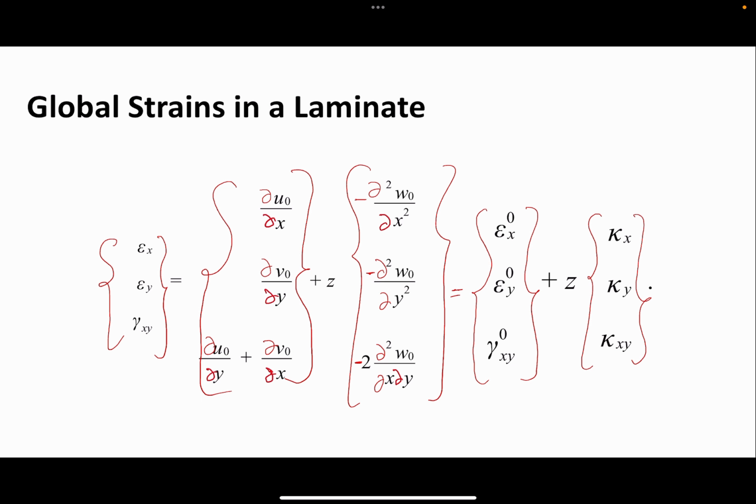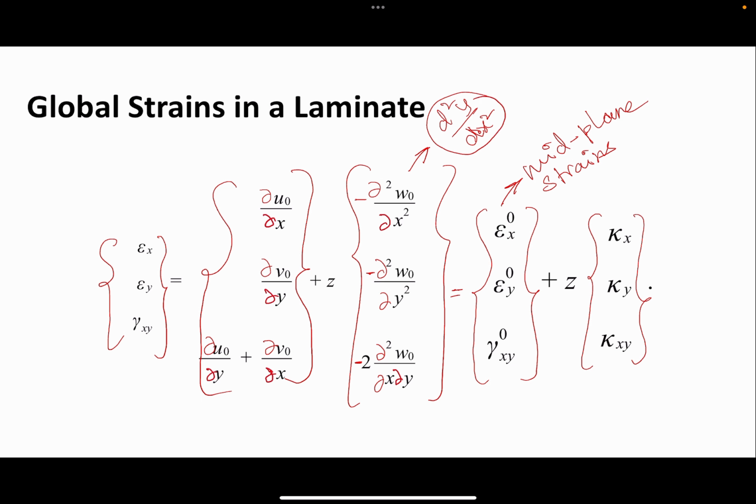Here, in short form, the u naught, v naught and the shear strain are all for the mid plane. These are called mid-plane strains. And these square terms, if you remember from solid mechanics, your beam deformation was d square y by dx square, which is what you have for a metallic beam.